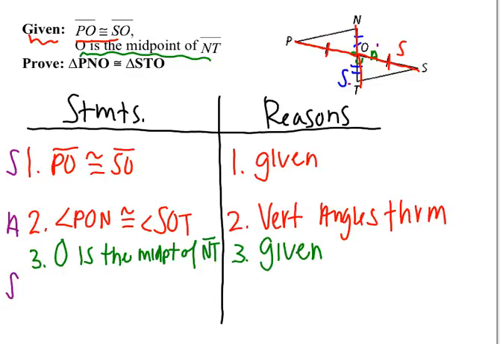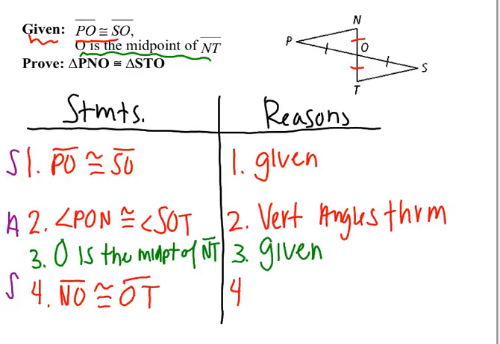And now we can jump and say that OT is congruent to NO. So my last pair of congruent sides is NO is congruent to OT. And why can we say that? That's definition of a midpoint.